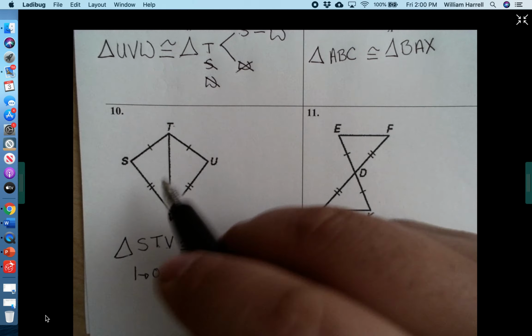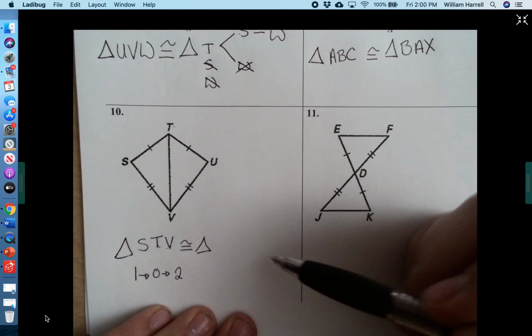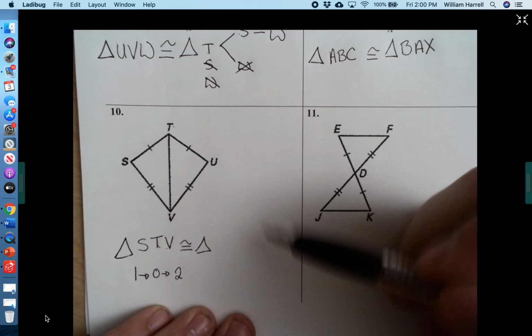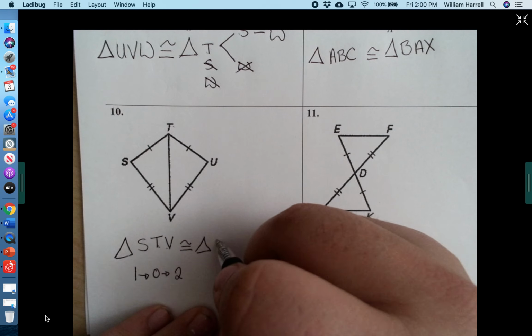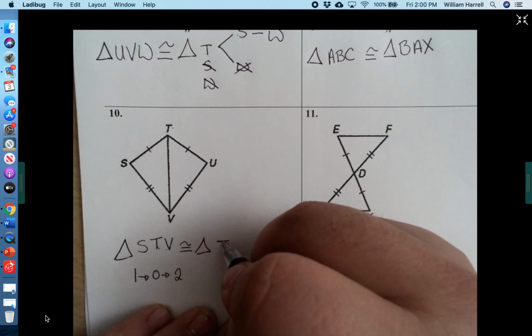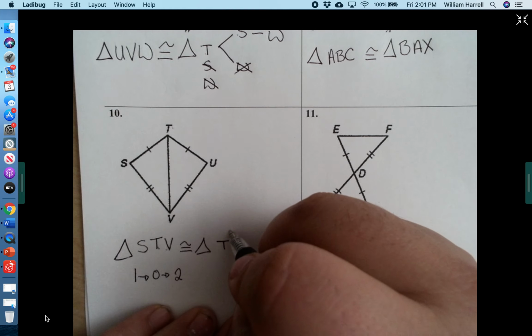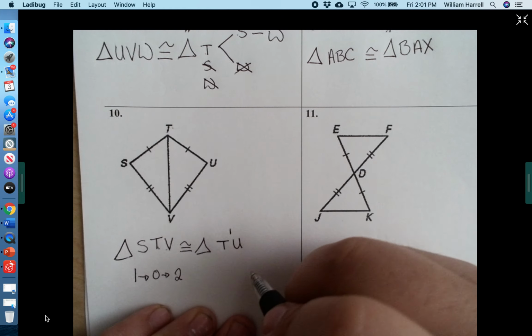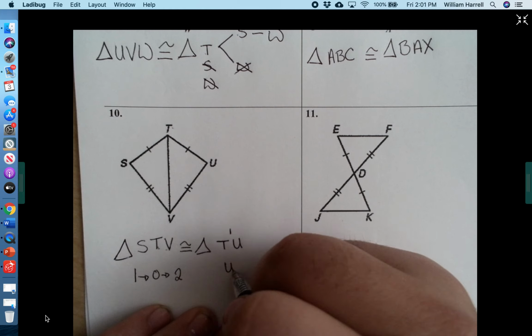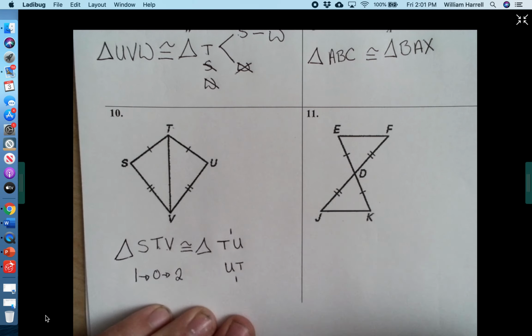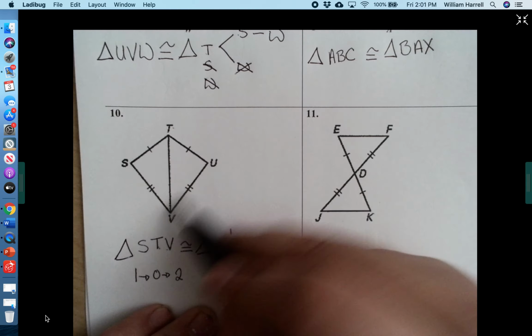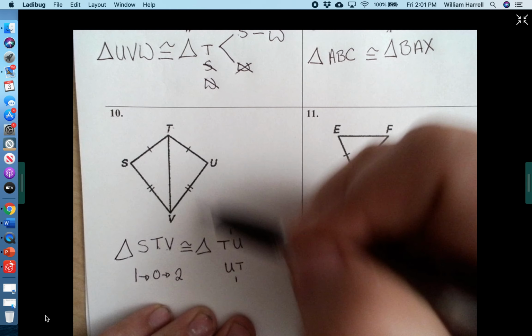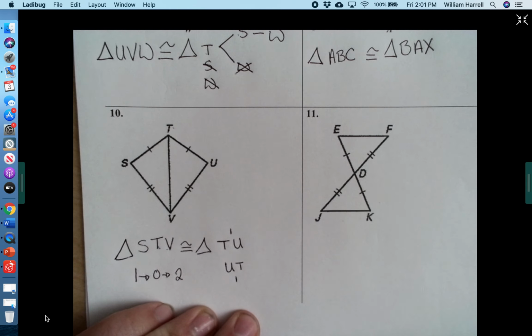So which triangle over here on the right follows this method? I can have TU, because it has 1, or I could go UT because it also has only 1. If I start with UV or TV, I don't have any, so they're automatically wrong.